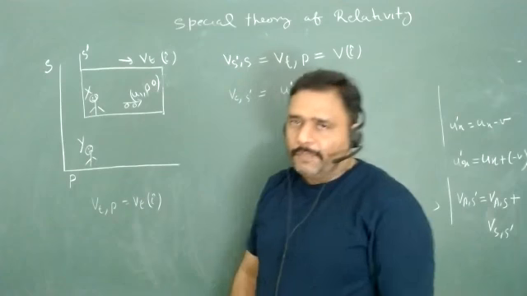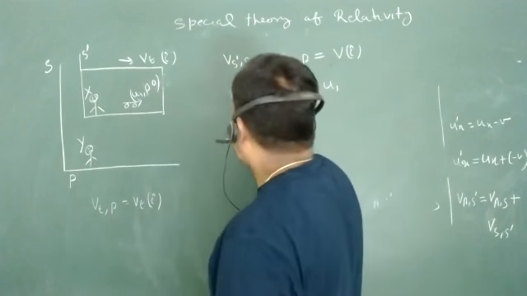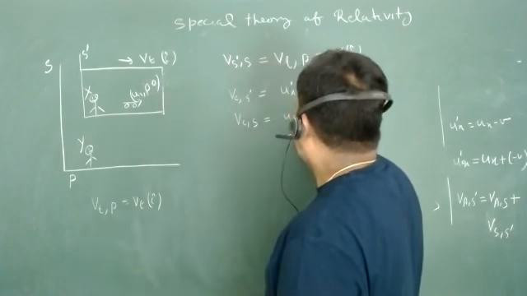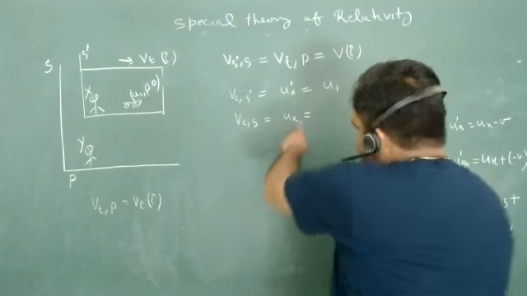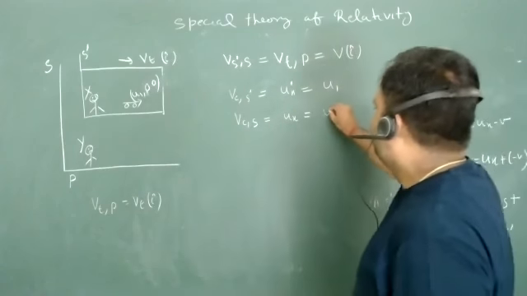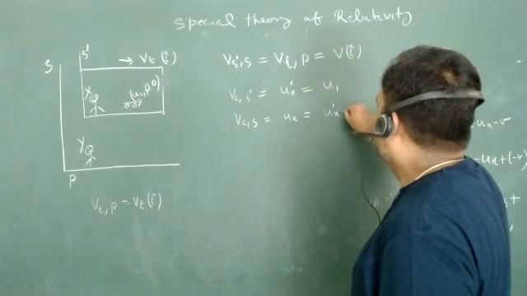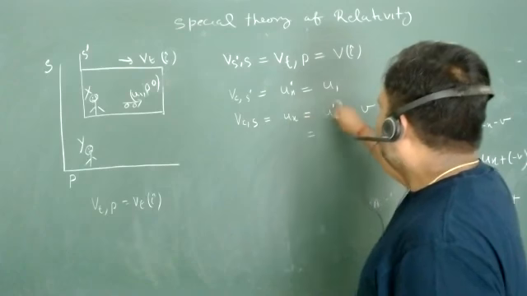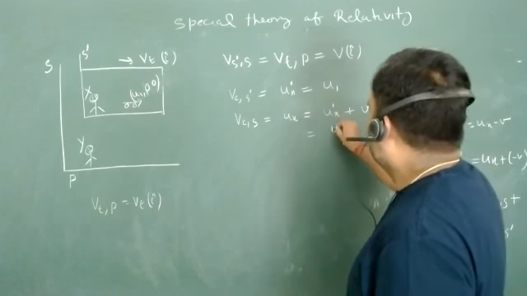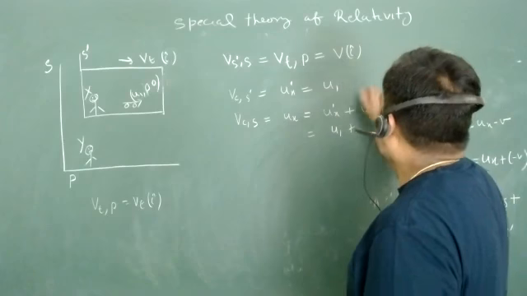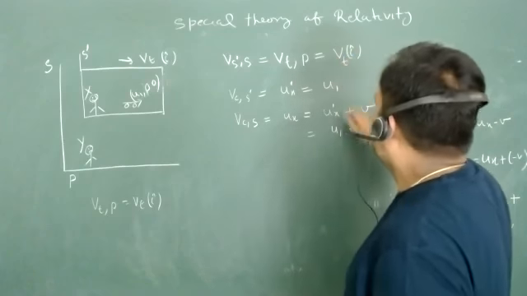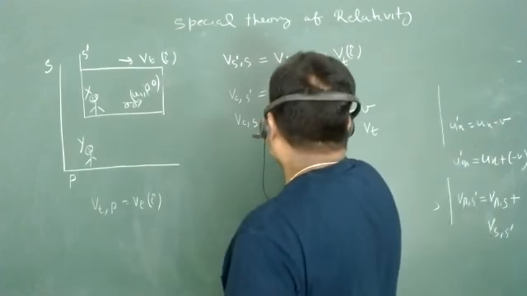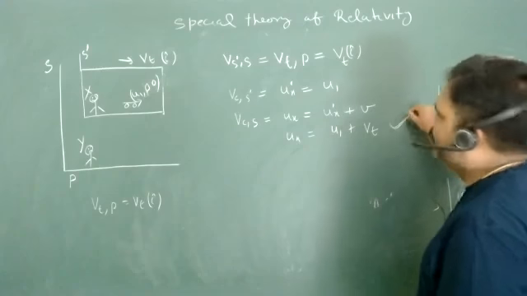The uncle has to calculate the velocity of the car with respect to S, which he denotes as ux. From the Galilean transformation, ux is ux dash plus v. We have just done this calculation. So ux dash is u1, and V is vt. So the answer is u1 plus vt, which is the answer given by the uncle, and this is absolutely correct.